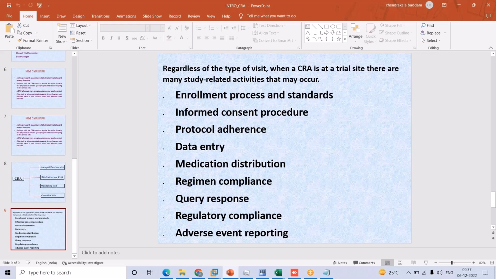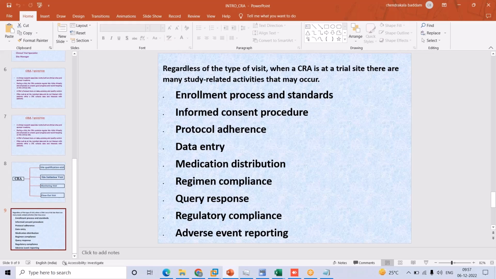Data entry. Is the site entering the data completely, accurately, and in a timely manner? Medication distribution. Is the site carefully managing and distributing the study medication? Regimen compliance.